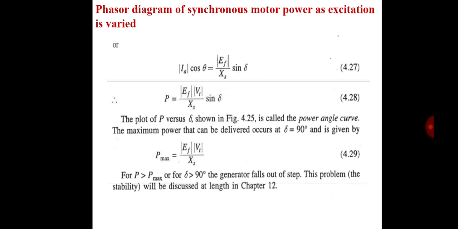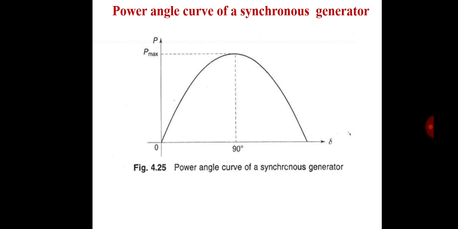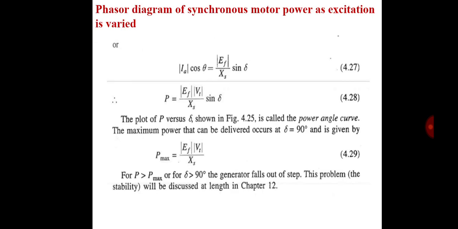The plot of P versus delta is called the power angle curve. The maximum power that can be delivered occurs at delta equal to 90, where sin delta is equal to 1.